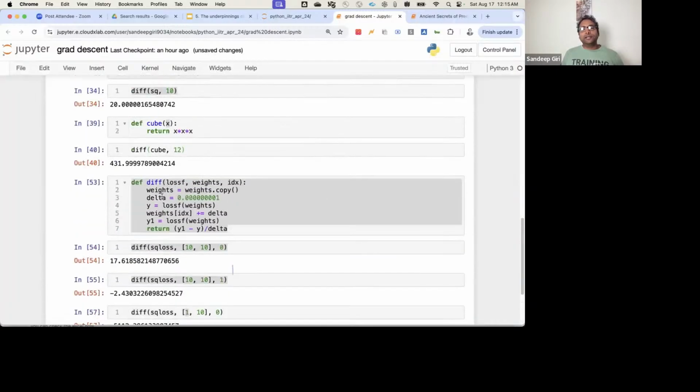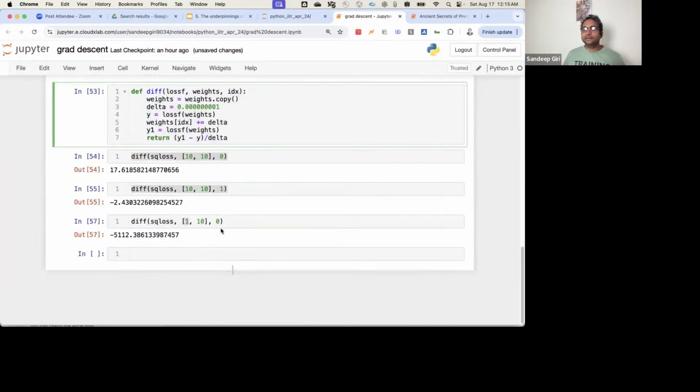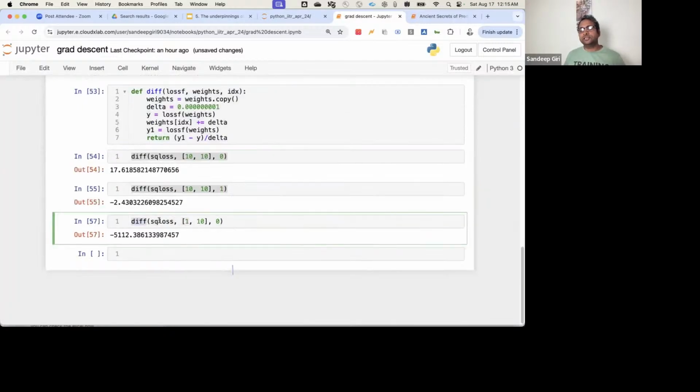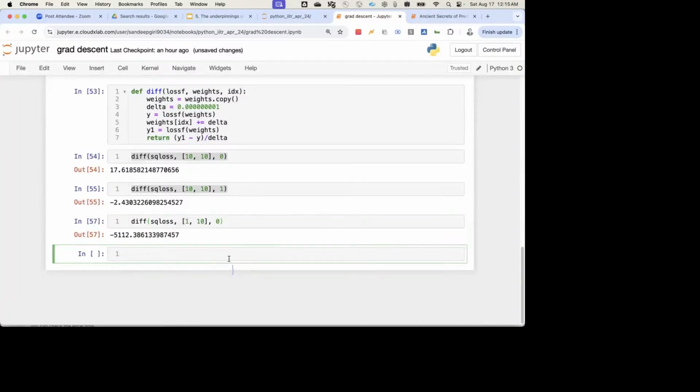Everybody okay? We calculated the loss function, and we also computed the differentiation of it. We have this function which takes the loss function, and also the weights, the slope and intercept. Now, Sandeep, we will have to do it for each value, right?